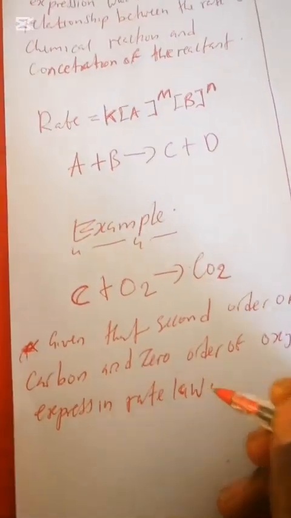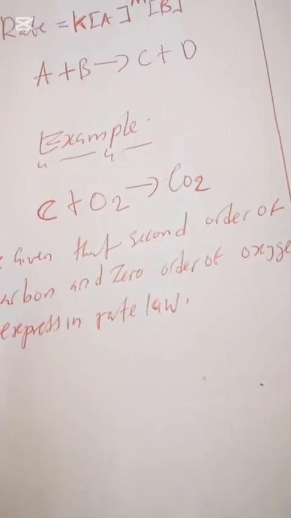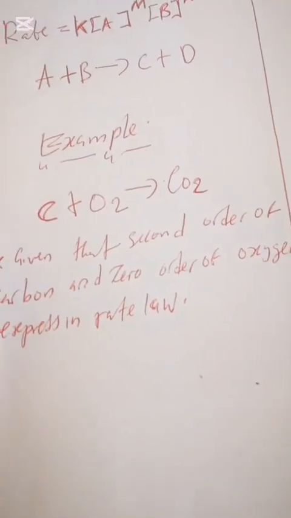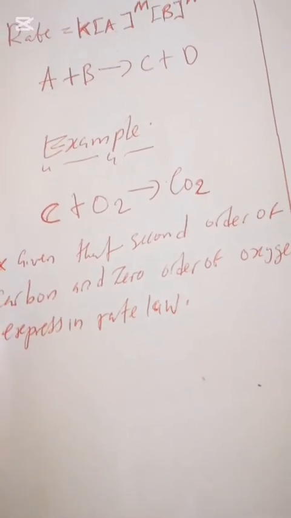How can you express it if they have given you this question? Given that second order of carbon and zero order of oxygen, express in rate law.